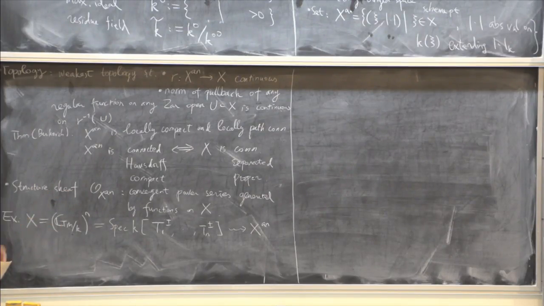When we have functions, we can make power series. Just take some functions and then take some powers of these functions. For example, when you have x1, x2, you can take x1 to the power 1, x2 to the power 3, plus more, but you can take an infinite sum.